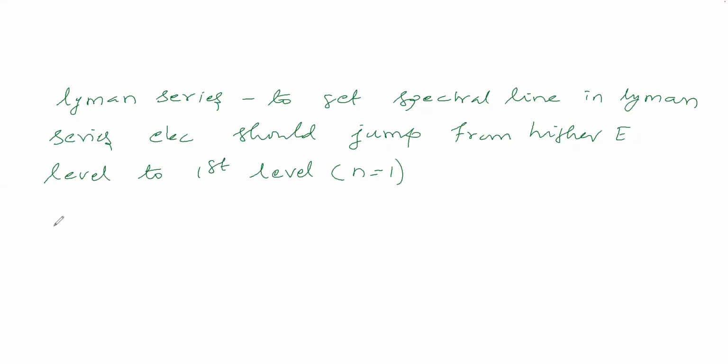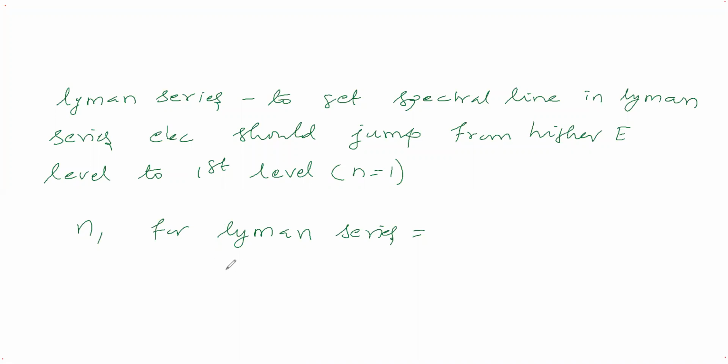Now, what is the N1 for the Lyman series? N1 means the lower level orbit, the lower level circular path. So what is the N1 value for a Lyman series?